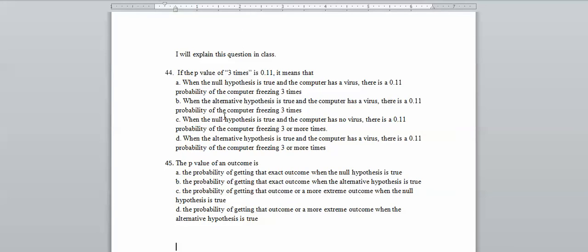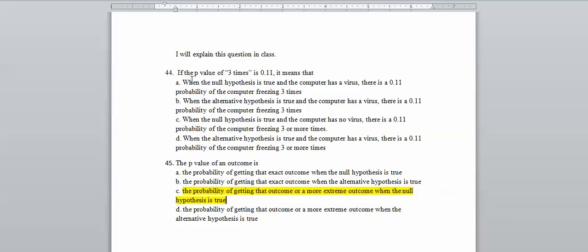The definition of a p-value is the probability of getting a certain outcome or a more extreme outcome, meaning a certain outcome or even higher, in a situation when the null hypothesis is true.